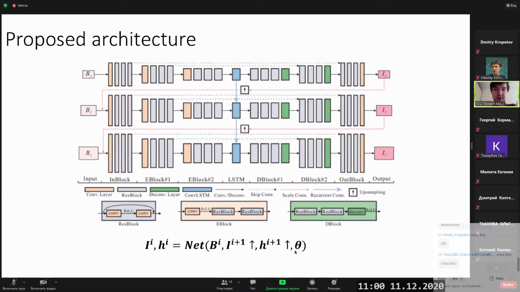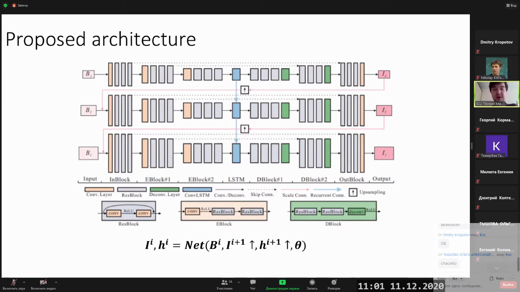They chose LSTM as the best one in terms of visual quality and standard image metrics like PSNR and SSIM. And theta is the parameters which are shared across different scales. So some words about why they use shared parameters. First, it is intuitively a natural choice because at each scale we do actually the same.